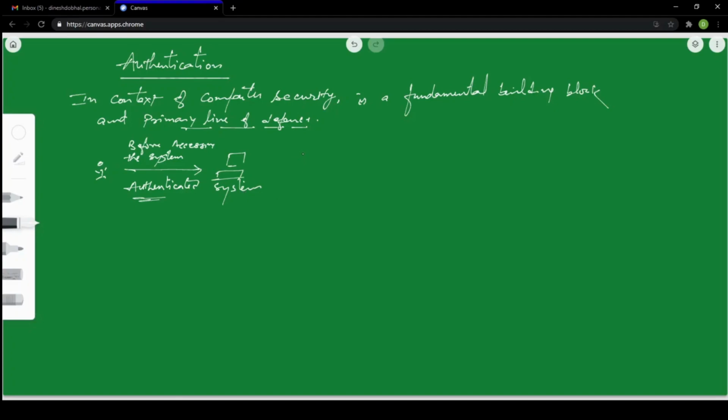It is the basis, and this is why authentication is important: it is the basis for most types of access control, that is, controlling the access to the system, and for user accountability.